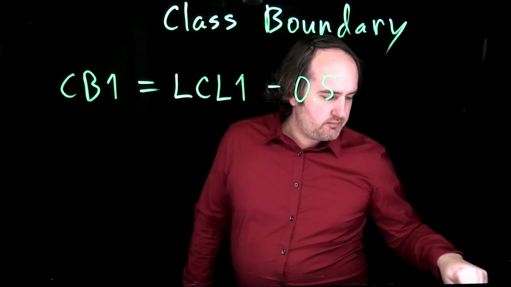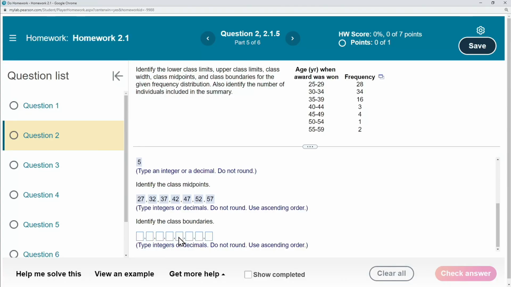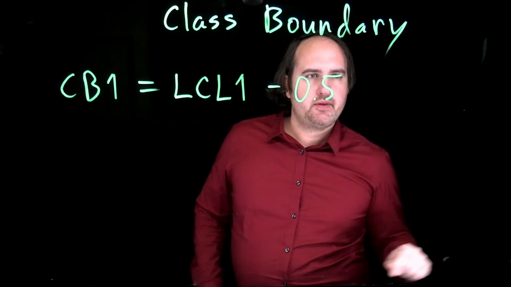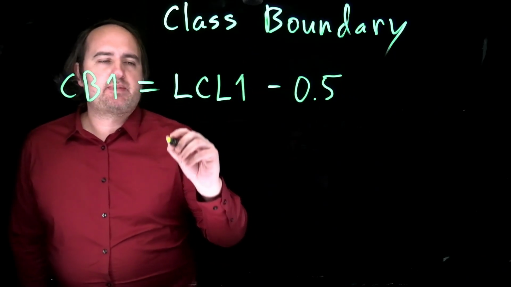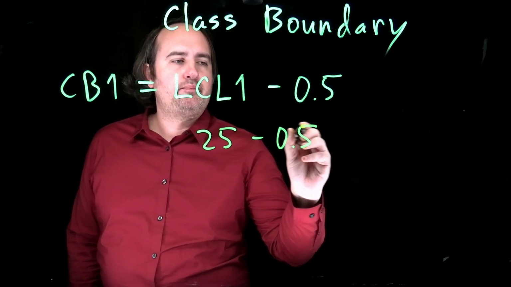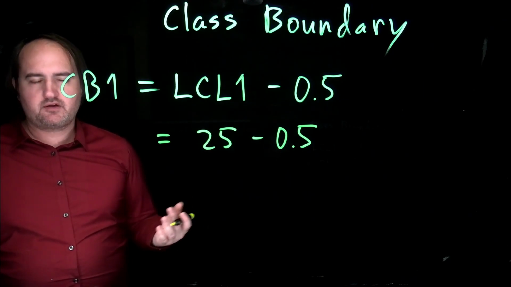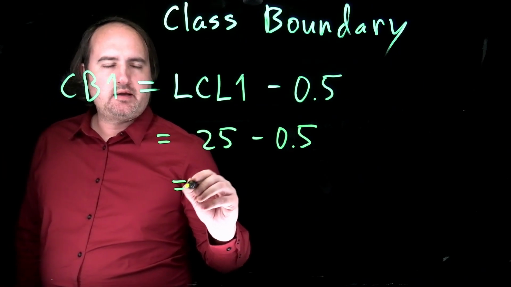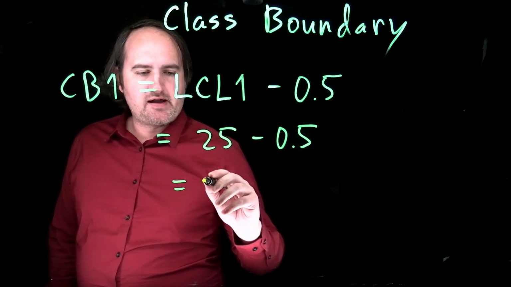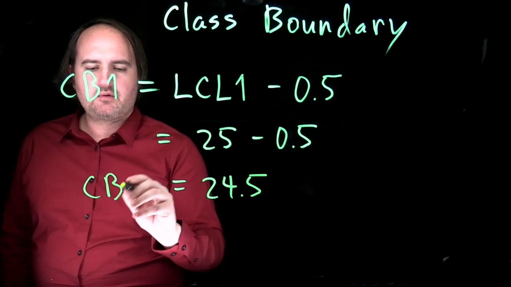So on this problem, let's see what our lower class limit number 1 was. Lower class limit number 1 is this first number, which is 25. Okay? So our first class boundary is going to be 25 minus 0.5. And then either on your calculator or in your head, you're going to get 25 minus 0.5 is 24.5. So that's class boundary number 1.